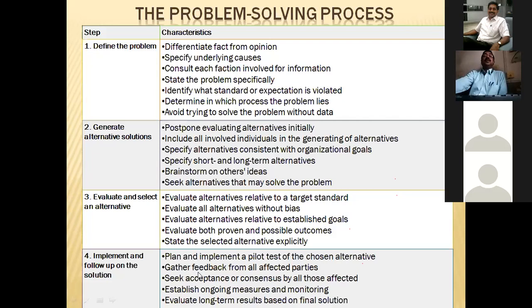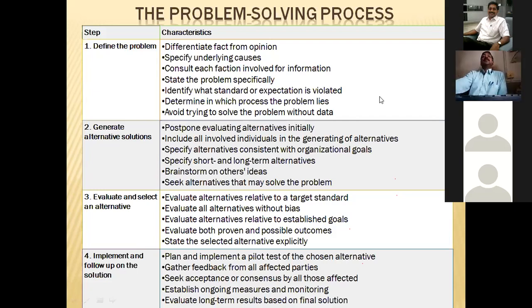So all these things get implemented on the particular problem, and we have to seek acceptance from those actually affected by that problem. Okay, so that is the problem solving process.